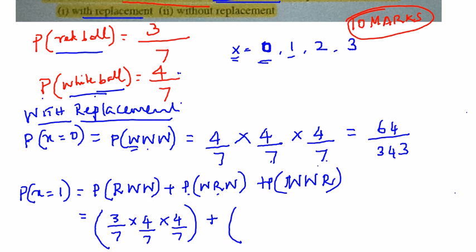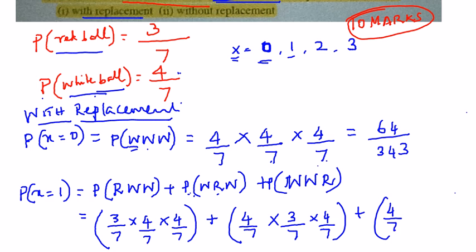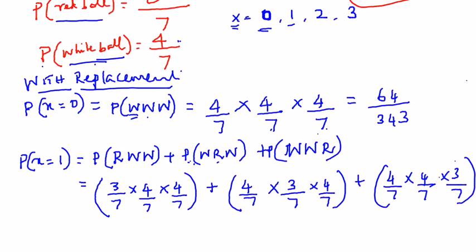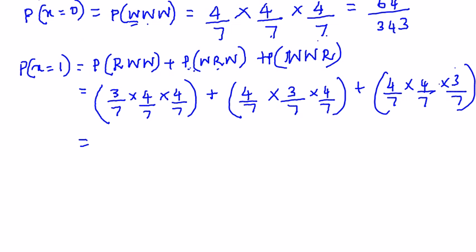Similarly, when I'm proceeding again, it will be 4 by 7 into 3 by 7 into 4 by 7 plus 4 by 7 into 4 by 7 into 3 by 7. Very simply put, I can write it as 3 times 3 by 7 into 4 by 7 into 4 by 7.